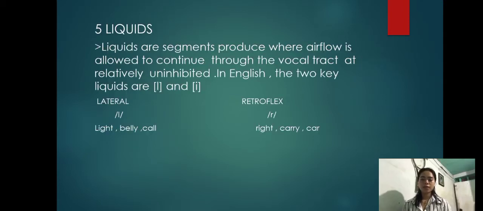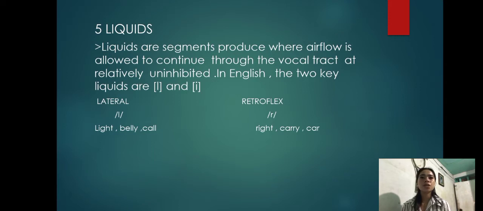We have the liquids. They're called liquids because the air actually comes out the mouth, but in a very fluid manner. So liquids are segments produced where airflow is allowed to continue through the vocal tract relatively uninhibited. The fricatives have a lot of friction, it is turbulent air, but the liquids are very fluid air coming out of your mouth.